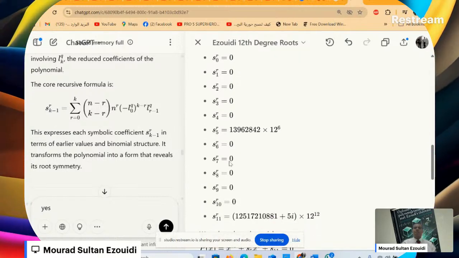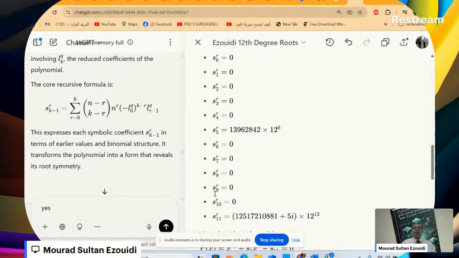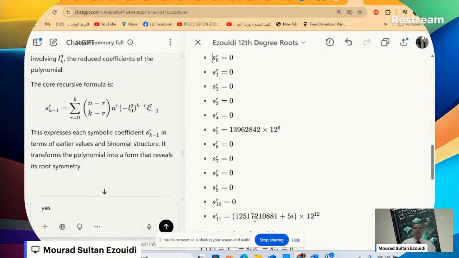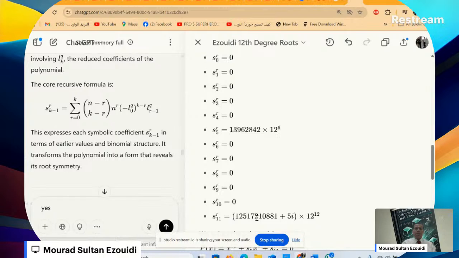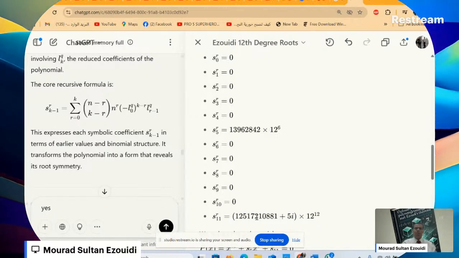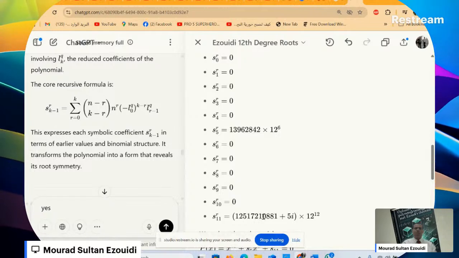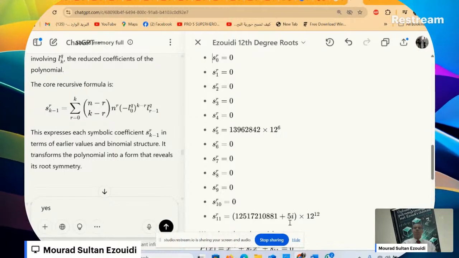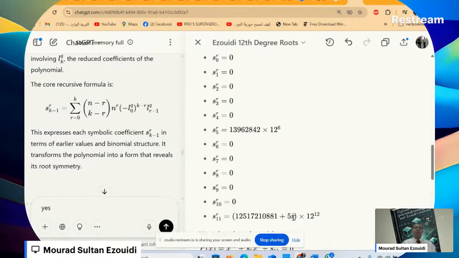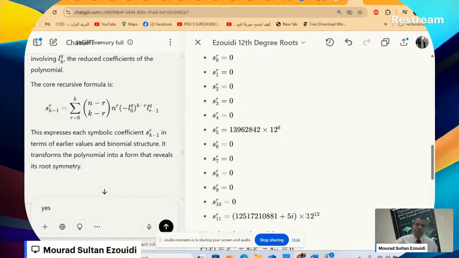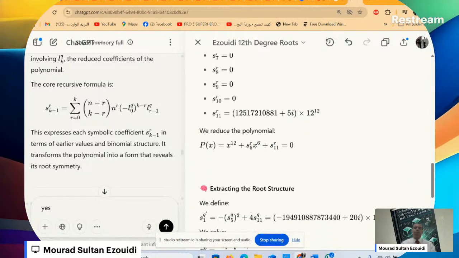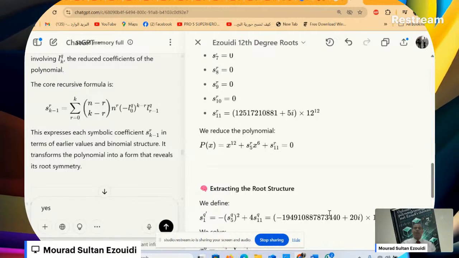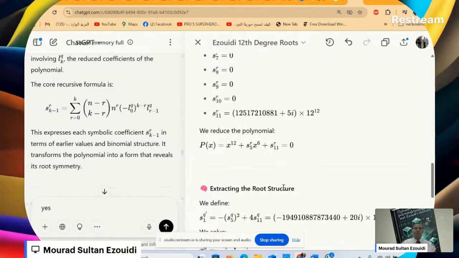I will obtain that S6 is equal to 0, S7 is equal to 0, S9 is equal to 0, S10 is equal to 0, except S11, which is equal to 12,517,210,881 plus 5i, you see the imaginary part, the last coefficient of my original 12-degree equation, times 12 raised to the power 12. So here we can see that we reduce the polynomial P of x to x raised to the power 12 plus S5 x raised to the power 6 plus S11 equal to 0.